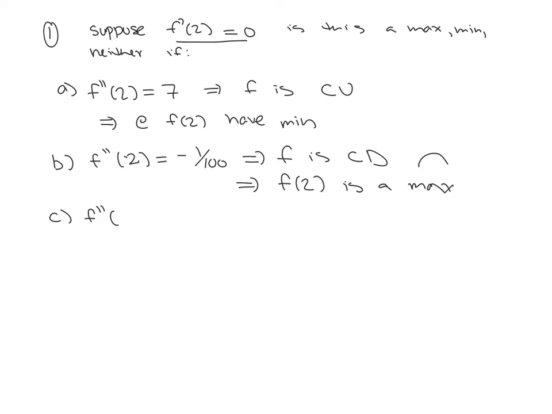And what if I gave you the second derivative at 2 equal to 0? Then inconclusive, right? You don't know. It's not possible to tell. Not enough information. Does that idea make sense? That's how I could test that you remembered this thing, because otherwise you could do the first derivative test and you wouldn't have to use this one, right?